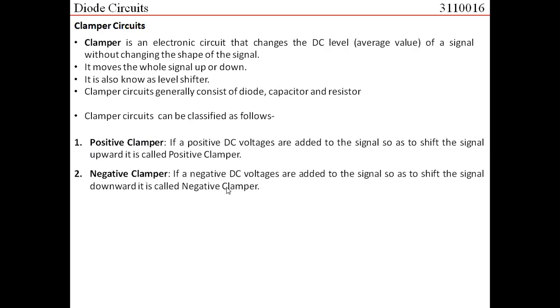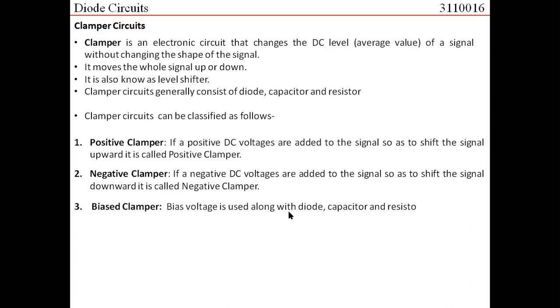Similarly, negative clampers are those where the DC value is added so as to shift the signal downward. So I will be basically adding a negative DC voltage so as to bring the whole signal down. These are called negative clampers.